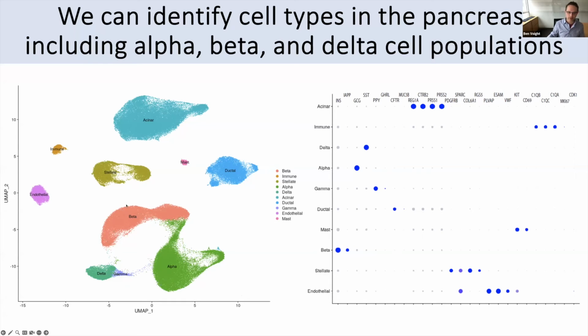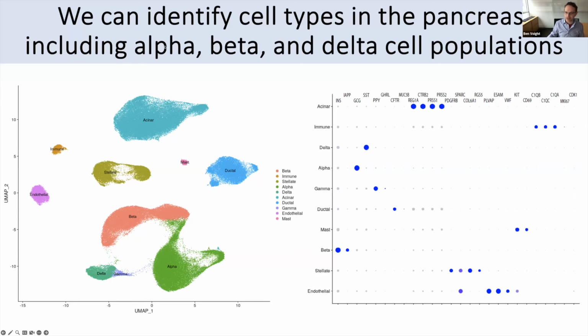For example, this orange or red pink cluster we think represents beta cells because they have high expression of marker genes that typify beta cells. Similarly, alpha cells are glucagon secreting cells, and so they have high expression of glucagon. Similarly, delta cells have high expression of somatostatin, et cetera.